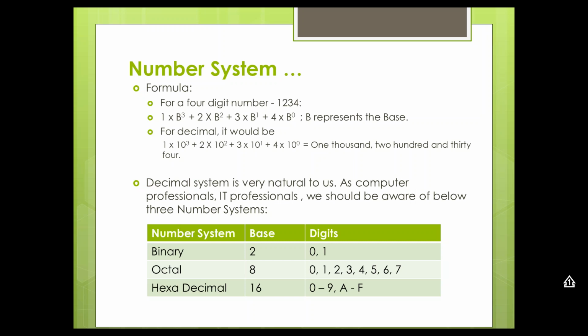In octal we have 8 digits, 0 through 7, and the base is obviously 8. In hexadecimal we have 16 digits, 0 through 9 and then A through F. So if you count A, B, C, D, E, F, that is 0 through 9 plus A through F, and the base is obviously 16.